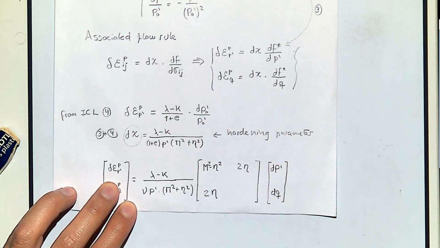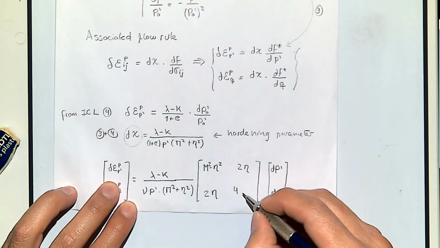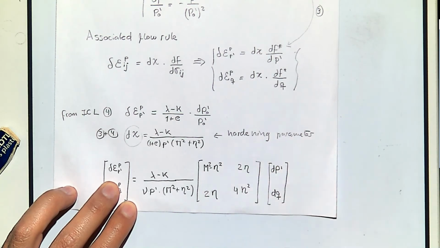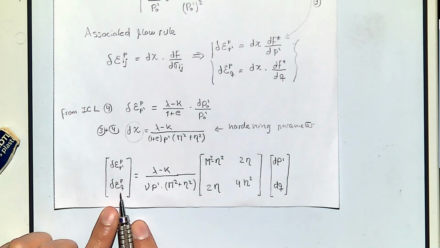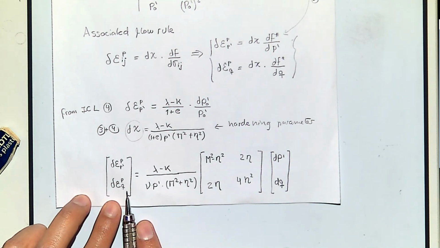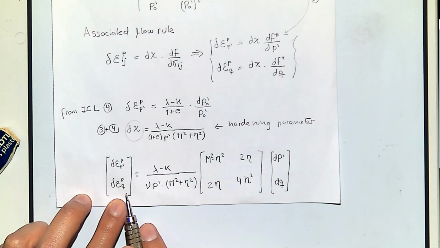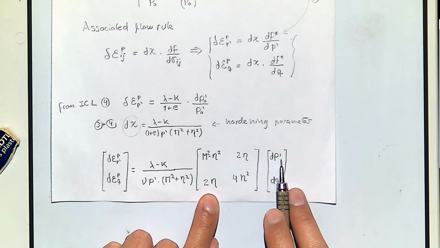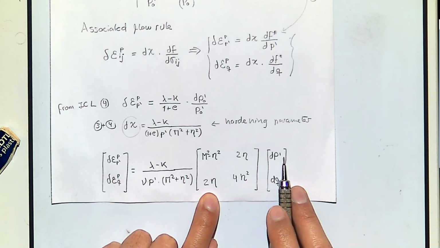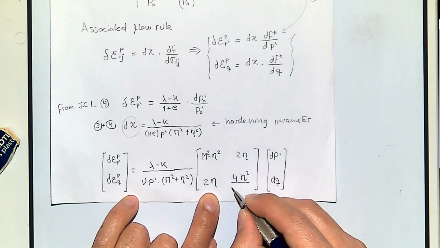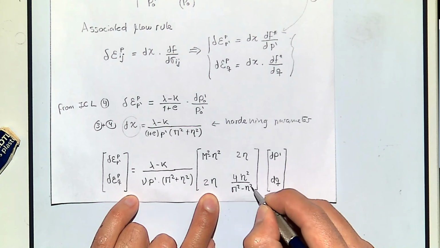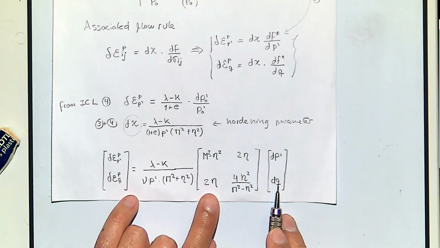This matrix is also going to be symmetric, and for the deviatoric part, the deviatoric strains can be caused by changes of mean stress and also by changes of deviatoric stress.